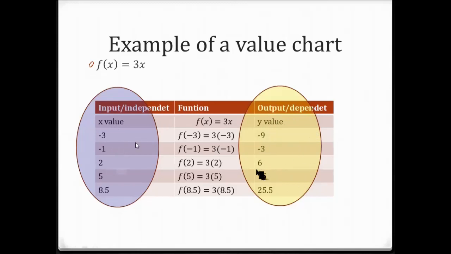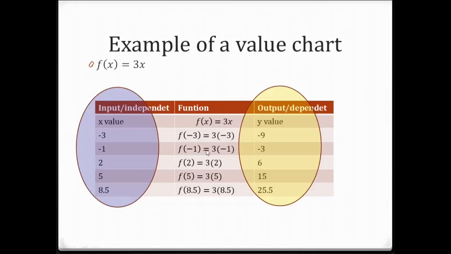So all you have to do when you choose x values is replace that value of x in your function and operate. Here, f of x equals 3 times x, or 3x. F of negative 3 is equal to 3 times negative 3, which gives you negative 9.